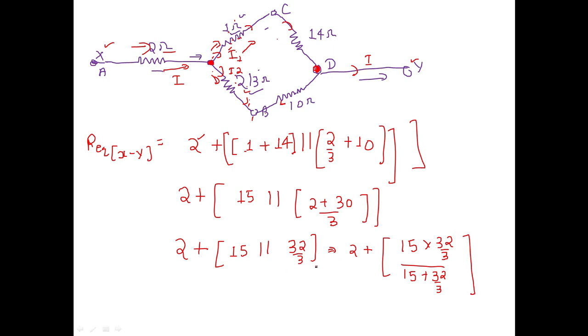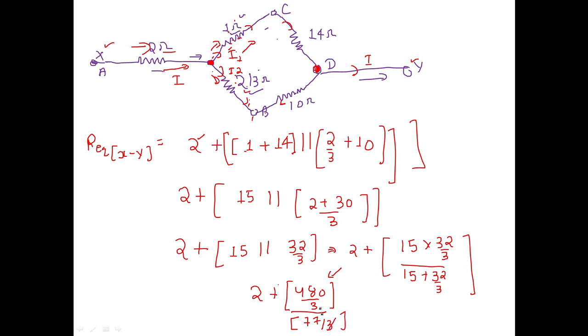Solving again, this becomes 2 plus 480 by 3 in the numerator, and in the denominator 15 times 3 is 45 plus 32, that is 77 by 3.